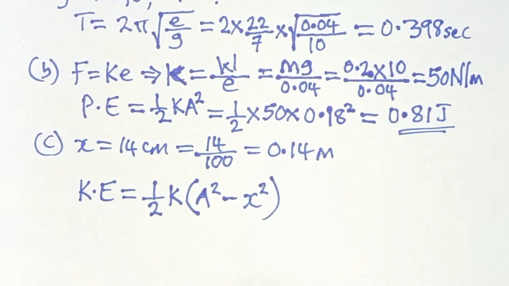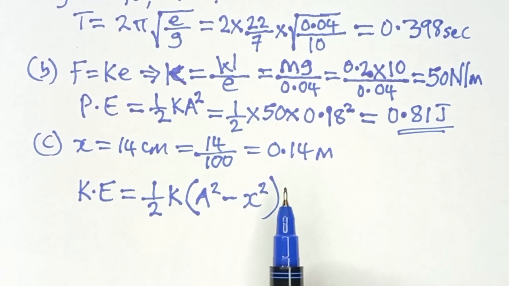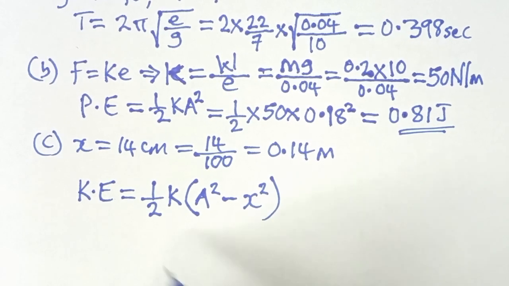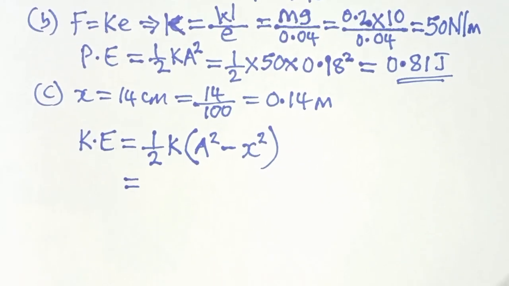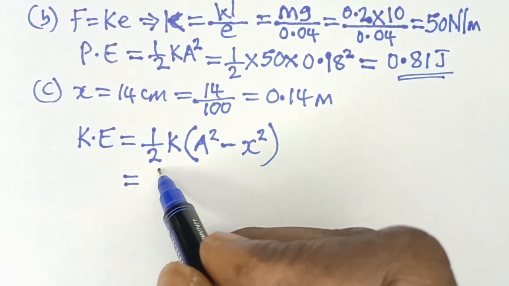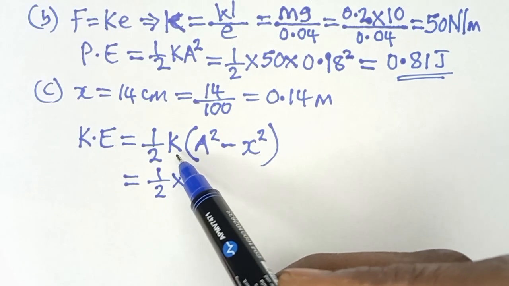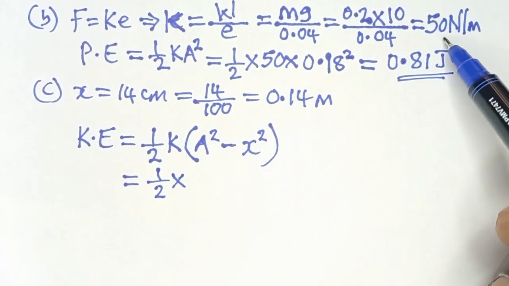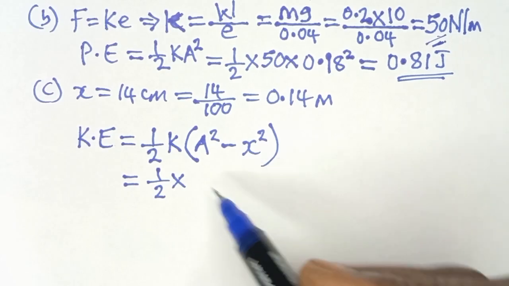So this will give us the kinetic energy. So this is the formula for the kinetic energy. So let's substitute values now so that we can get the kinetic energy. So I have 1 over 2 multiplied by the value of K. As we already know, K is 50. See it here. So this is the value of K, 50.